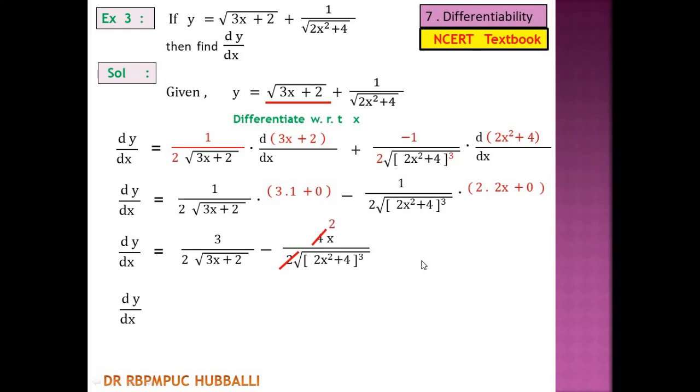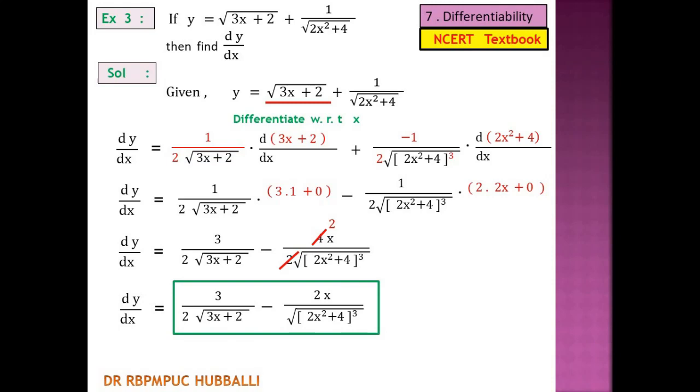So rewriting the function, it becomes 3 divided by 2 root 3x plus 2 minus 2x divided by root of 2x square plus 4 whole cube. So this is the derivative of the given example.